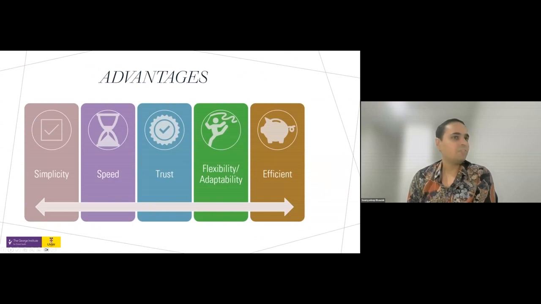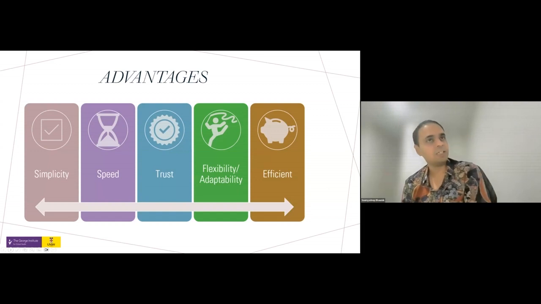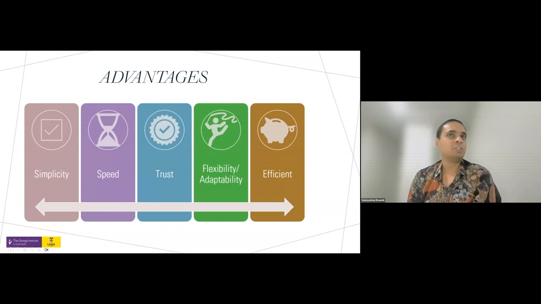So they are simple, they are fast, and because they're simple and fast, people are more likely to trust it than a complex multi-year, multi-month process which has multiple layers of things and people do not understand what is going on. And also it's much more flexible and adaptable in nature, and they are efficient.